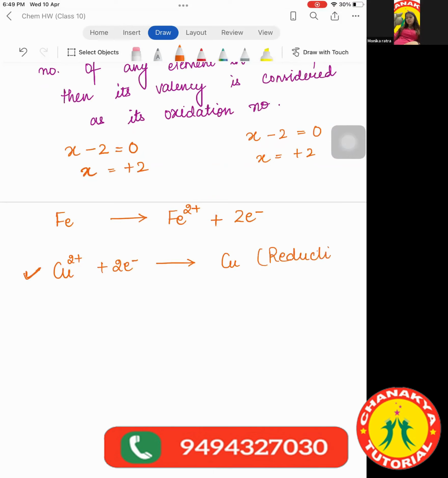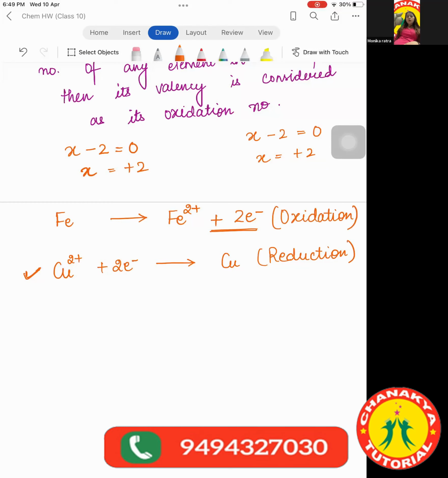That's what we mentioned also. Whereas here the electrons are on the product side, means the electrons must have been subtracted from the reactant side. That's why they came on the product side. So it is basically the loss of electrons. That's why it is the oxidation reaction. Clear to everyone?